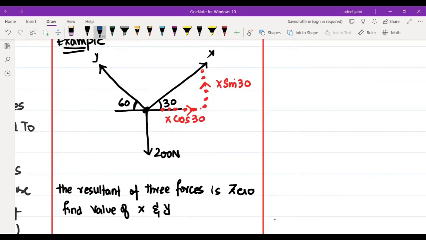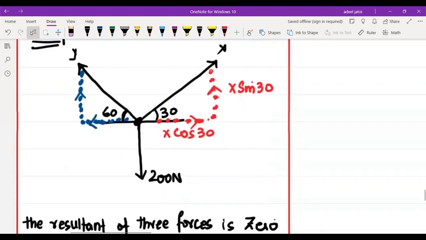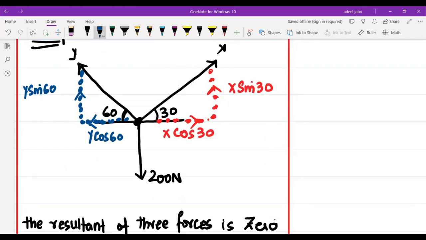Similarly, on the other hand, there's a force going towards the left and a force going upward, where this is y sine 60 and y cos 60. So in total there are two forces acting upward, one, two, and there is one force acting downwards.